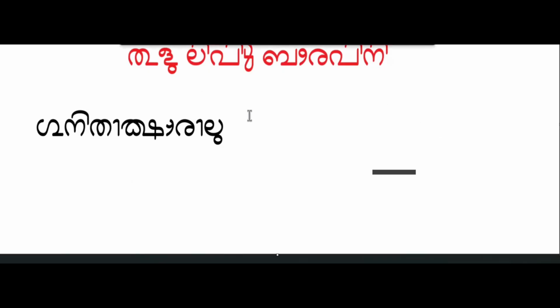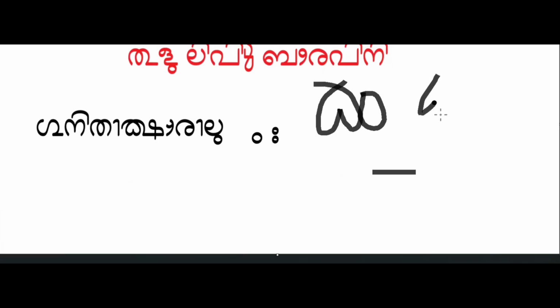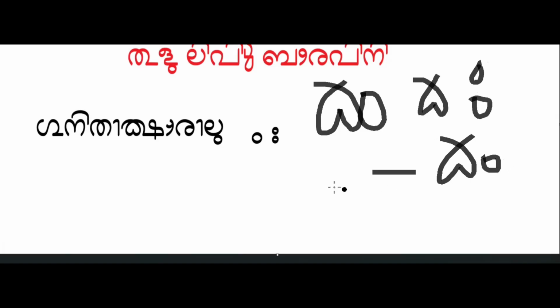Next, am and aha. For am, this, and for aha, this. Kaha. You have to put it near, after the letter. If you put it down, it will become ku.